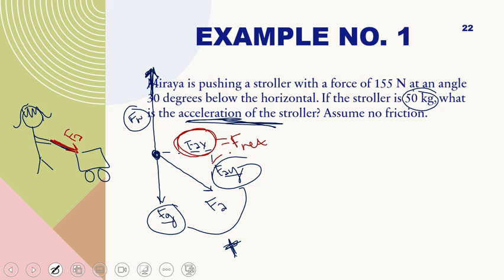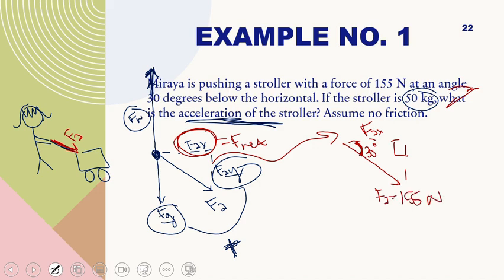I'm going to pull this triangle out over here so it's a little easier to see. And we're going to have to use some right triangle trig to find this net force, or this Fax. We know that Mariah is pushing with an angle of 30 degrees below the horizontal, so that's 30 degrees. And we know that this applied force, or the hypotenuse, is equal to 155 newtons.